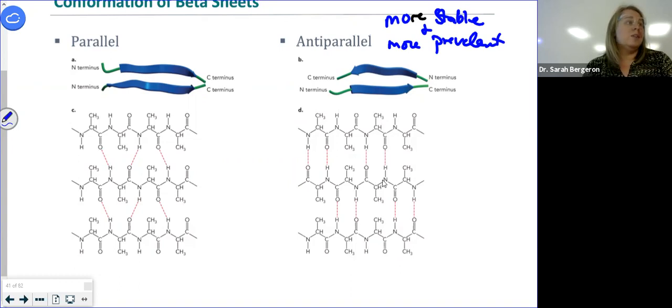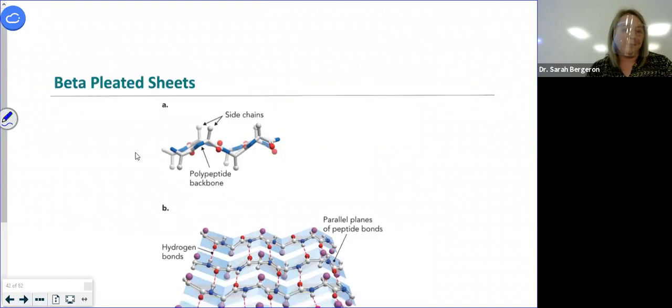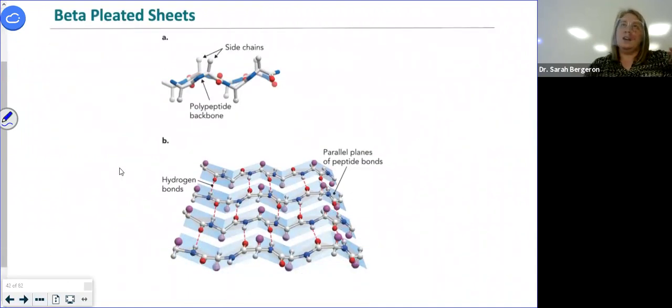And so we end up seeing proteins spontaneously fold into more anti-parallel sheets than parallel sheets, right? But when we look at the actual beta sheets, what we don't see is a flat surface. What we actually see is that the molecule kind of does a wave, right?